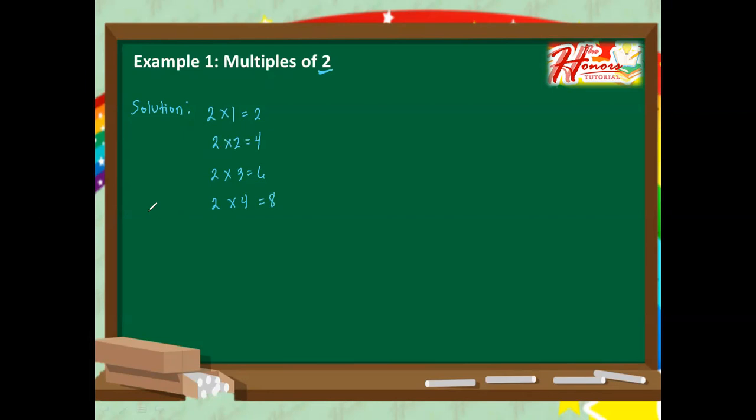Is it the part of 2 times 1, or is it 2, 4, 6, 8? It is the part of 2, 4, 6, 8. This part.